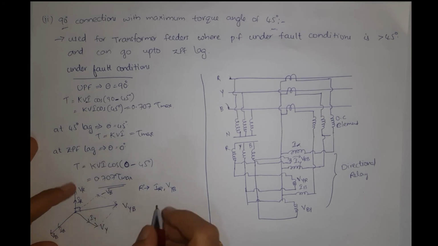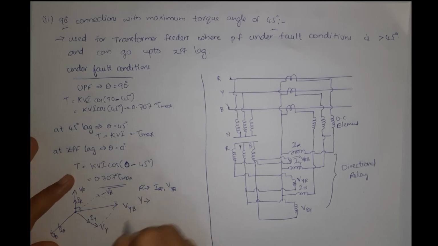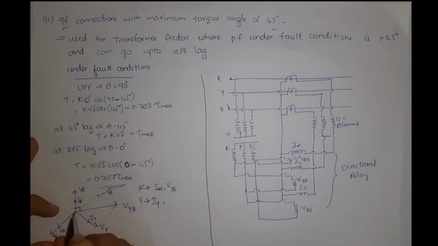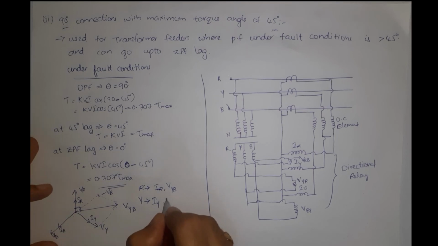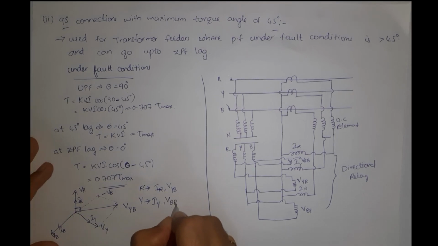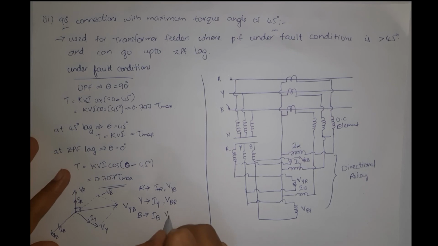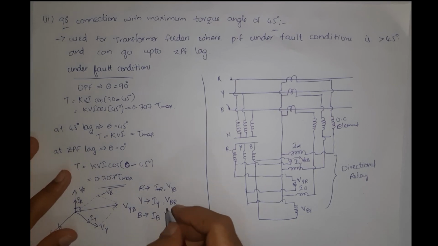In the same way, for phase Y, current supplied is IY and voltage supplied must be what? Opposite to it, that is VBR. In the same way, for phase B, IB, VRY, right?